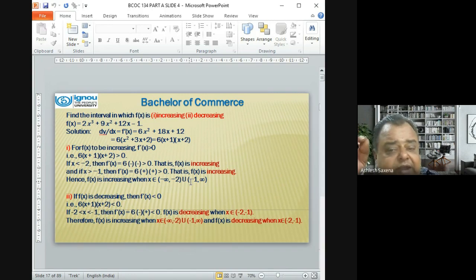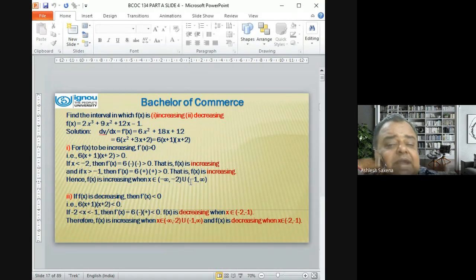We will have to find its derivative, which will be dy by dx, which is equal to f dash x is equal to 6x squared plus 18x plus 12. We have to simplify it. We will be taking 6 common, so we are left with 6 times (x squared plus 3x plus 2).